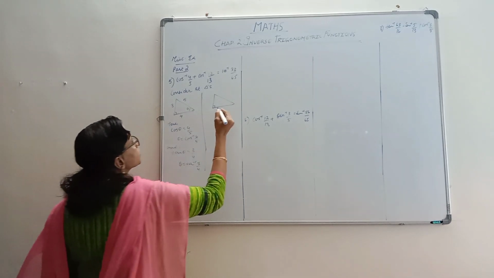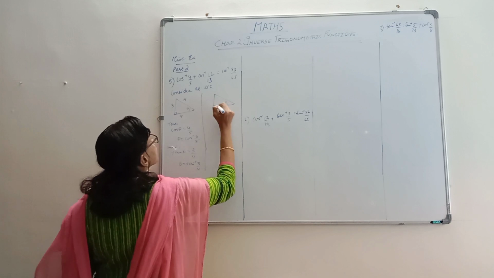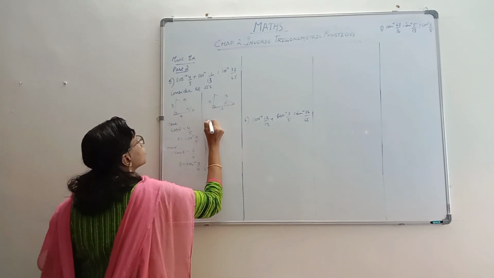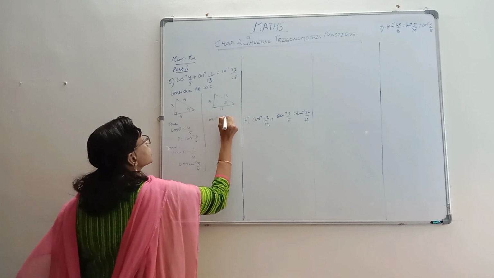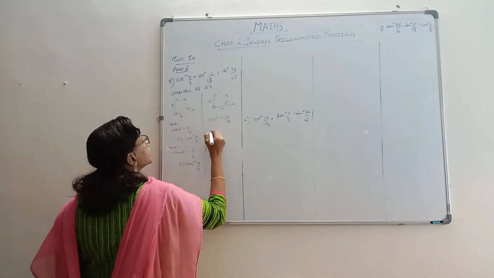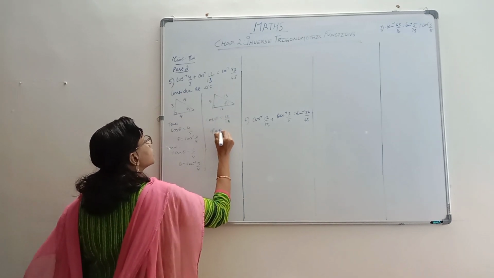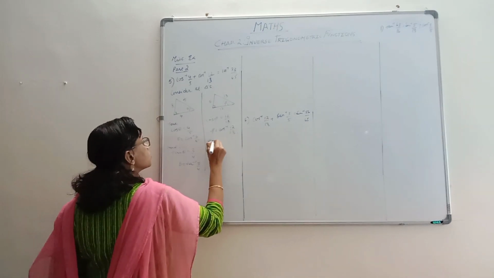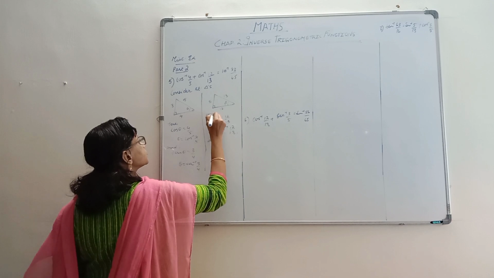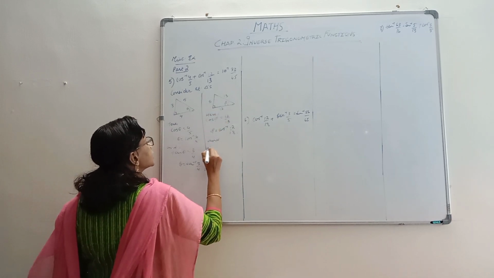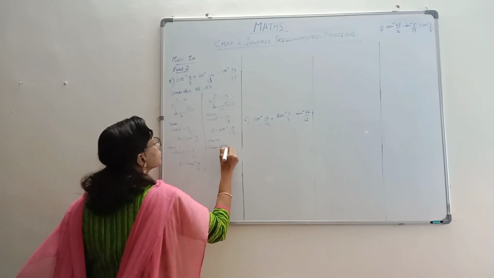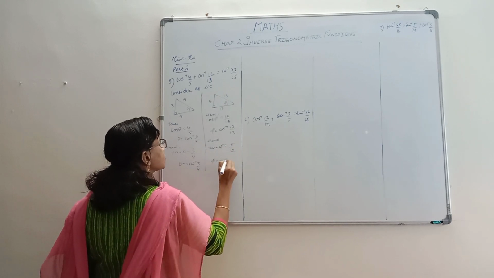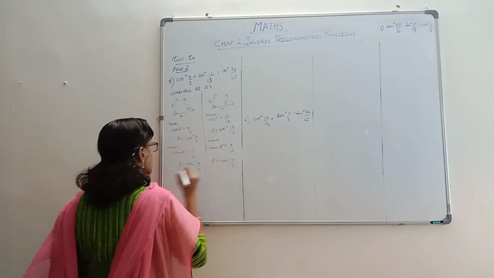And this one we could call phi, 12 by 13. So cos phi is 12 by 13, and phi will become cos inverse of 12 by 13. Tan phi will be 5 by 12, and phi will become tan inverse of 5 by 12.